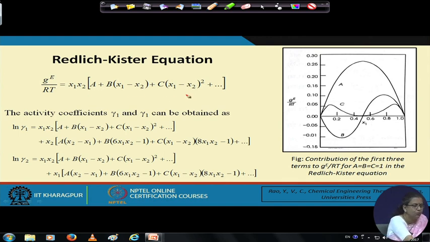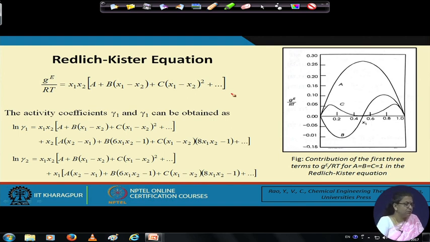If you observe closely, you will find some similarity with the virial equation of state modifying the ideal gas equation. Depending upon the complexity of the situation, we can keep increasing the number of terms, and the number of parameters included in the model depends upon the complexity of the solution.